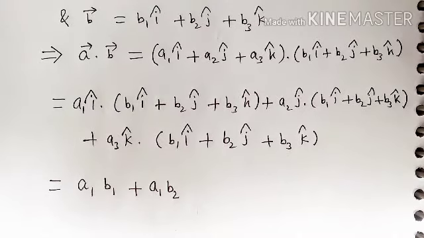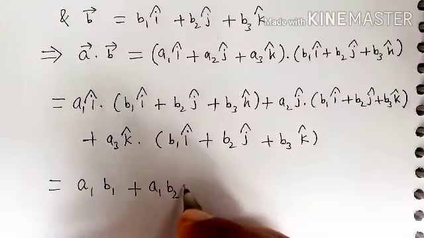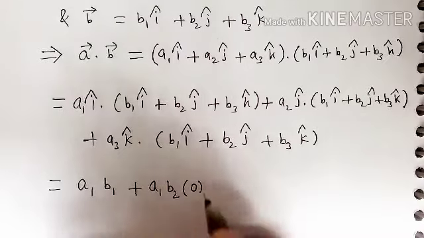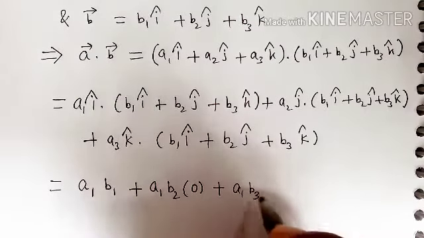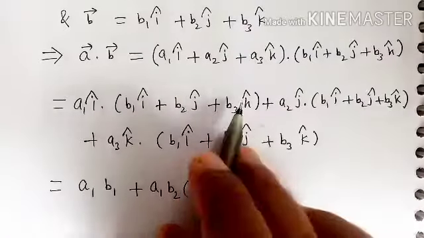So the angle between i cap and j cap is 90 degree. Cos 90 degree is 0. So this becomes 0. a1 b3 i dot k.